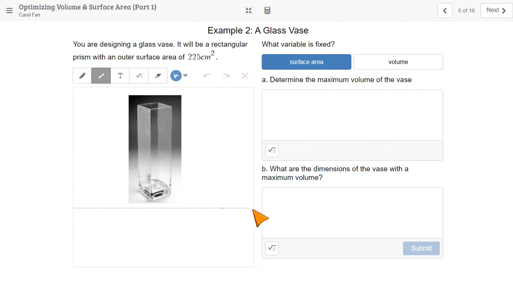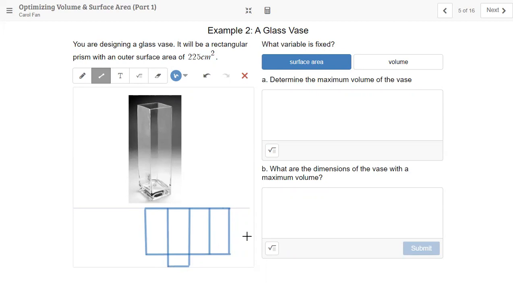Before I solve any of the questions, I'm just going to draw a diagram, the net diagram of this, so that it becomes clear what we have. Okay, this is reasonable enough, I think.